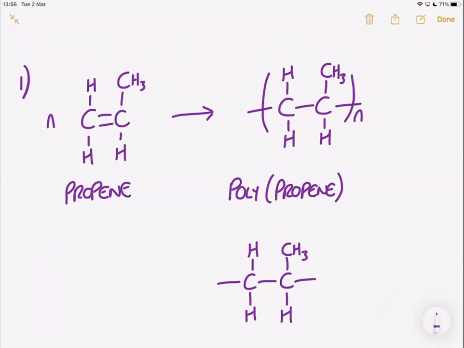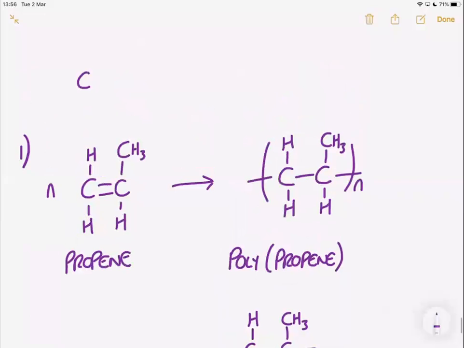Notice how I put the methyl group pointing upwards. Just to explain what I mean, if I just said to you, draw propene, what you'd probably do, understandably, is something like this, or the displayed formula, or whatever. That's propene as well. But by taking this methyl group and making sure it's pointing upwards, I've made it easier to draw the polymer diagram.